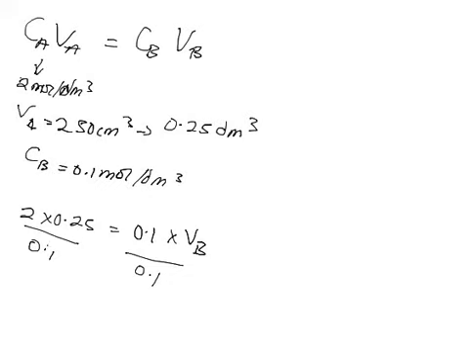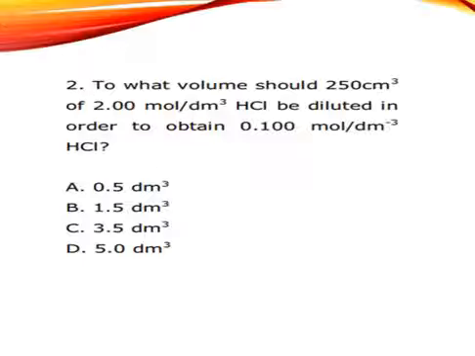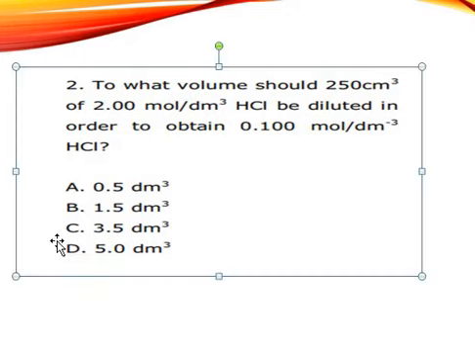And when you divide by 0.1, it will simply give you your Vb as 5 dm³. So you go to your options and you see your 5 dm³ as option D. So that's your answer.